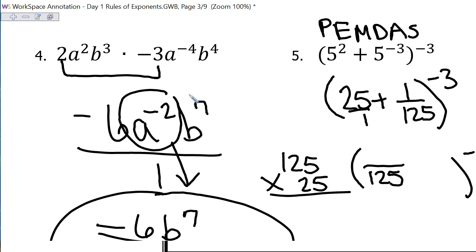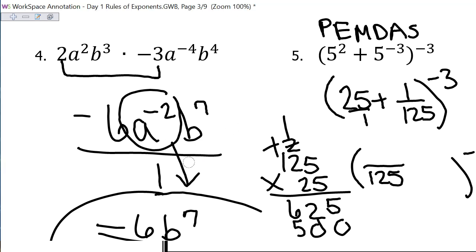Okay, so I can't do that. 5 times 5 is 25, 5 times 2 is 10, 10 plus 2 is 12. 5 times 1 is 5 plus 1 is 6, 25 for the first row. Put my 0 here, 2 times 5 is 10. Then 2 times 2 is 4 plus 1 is 5. And then 2 times 1 is 2. So that would be 5, 2, 1, 1, and 3.